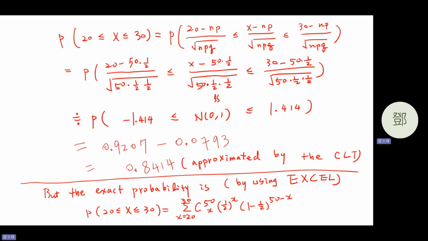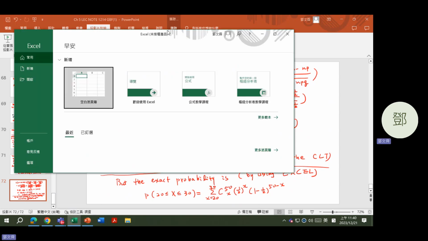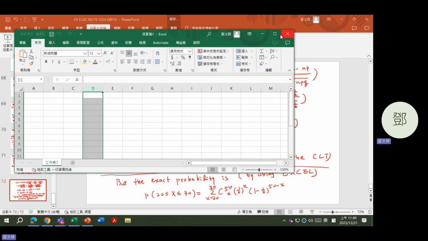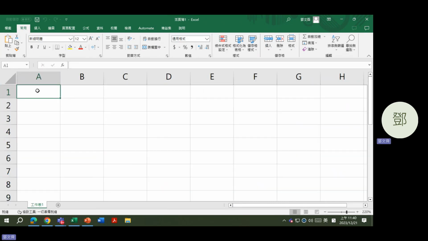I will give you the Excel file, right? So please go to Microsoft Excel here, and I will give you the file. Don't worry. But you have to answer my question with the formula here.